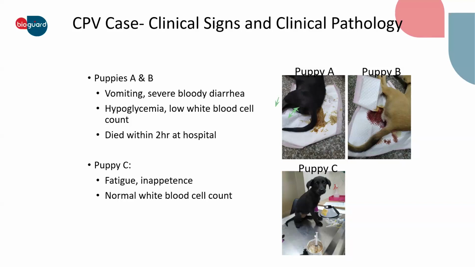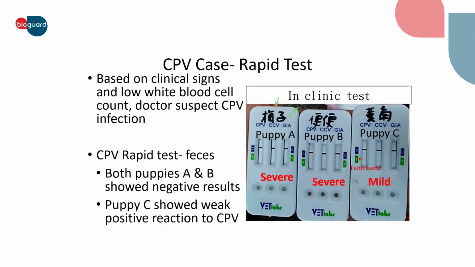And the third puppy, here we call puppy C, has some fatigue. However, at that time, the white blood cell count is normal. Because of the clinical signs, the vet highly suspects infection of CPV.